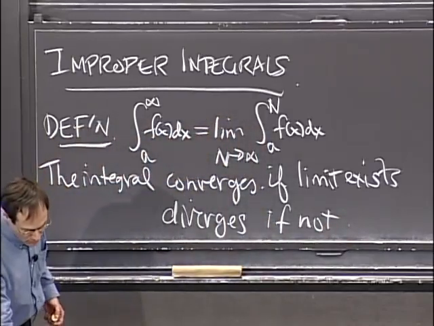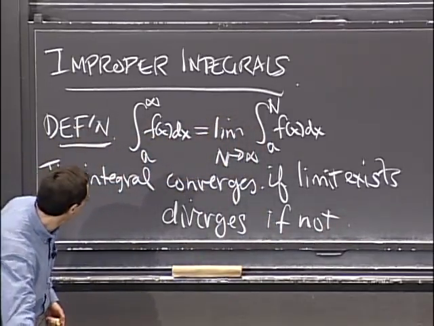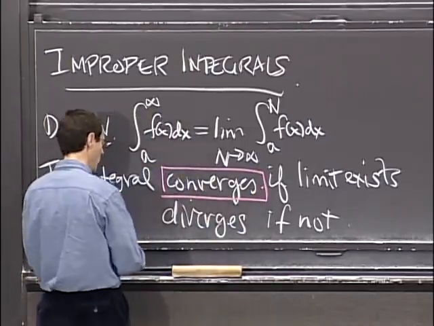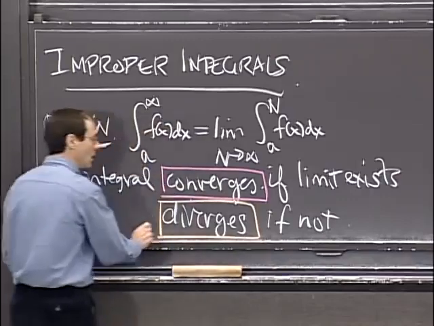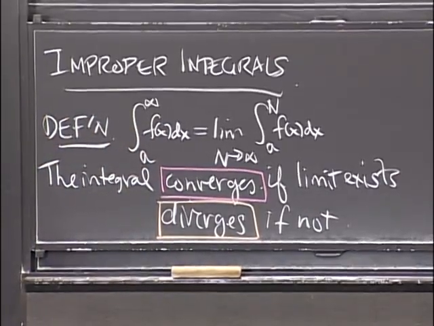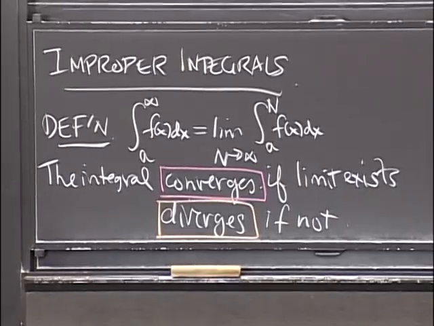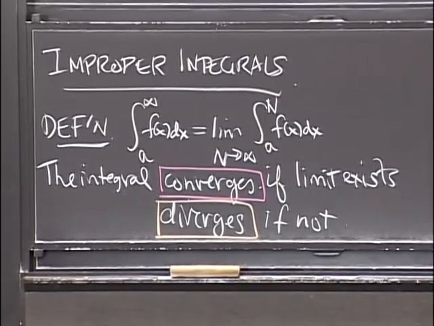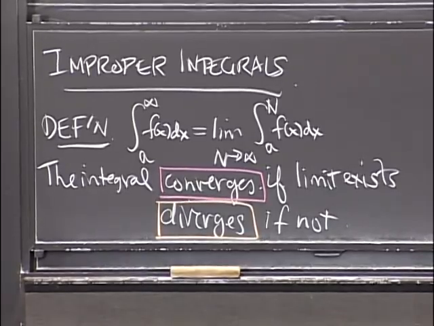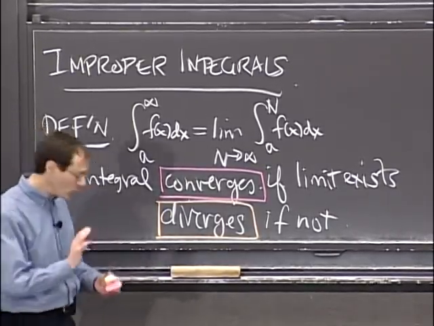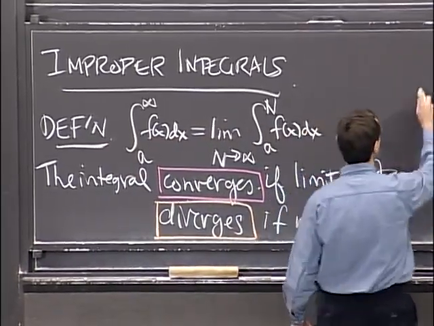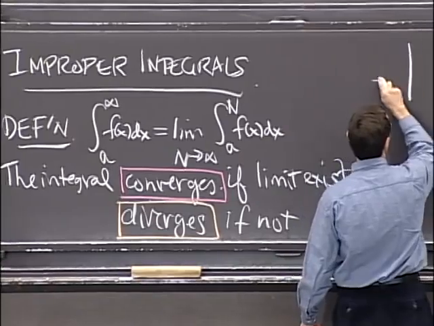Well, these are the key words for today. So here's the issue that we're going to be addressing, which is whether the limit exists or not. In other words, whether the integral converges or diverges. These notions have a geometric analog, which you should always be thinking of at the same time in the back of your head. I'll draw a picture of the function.